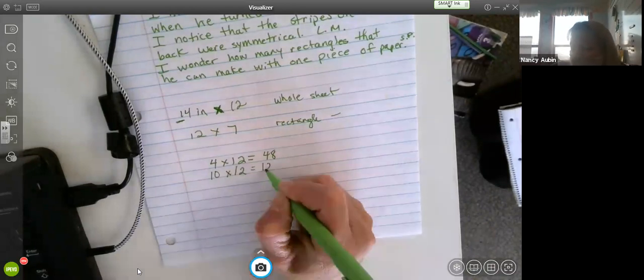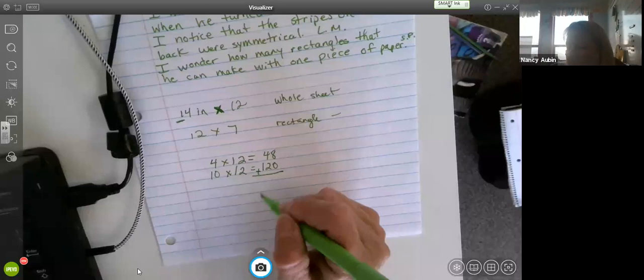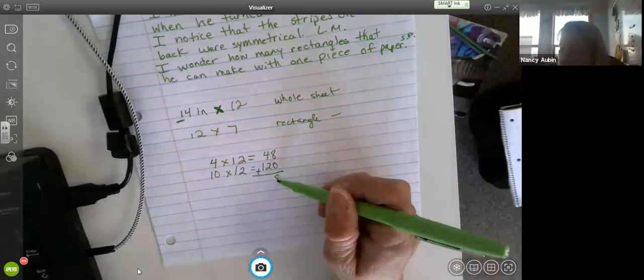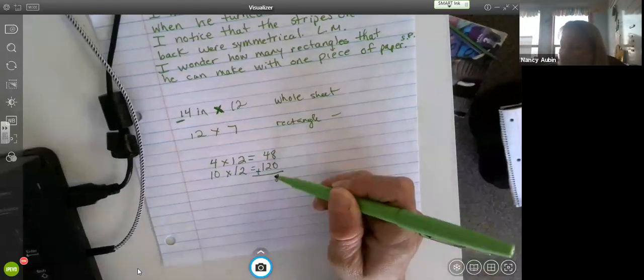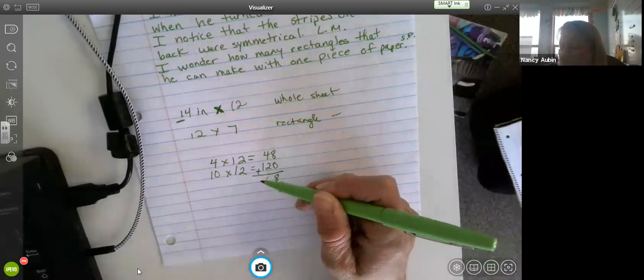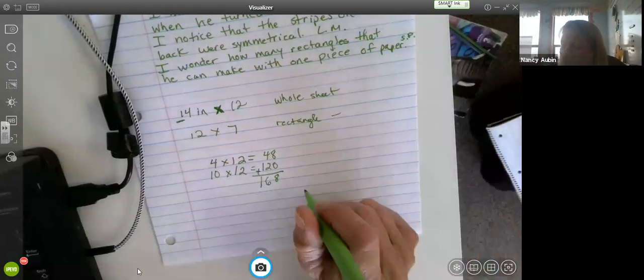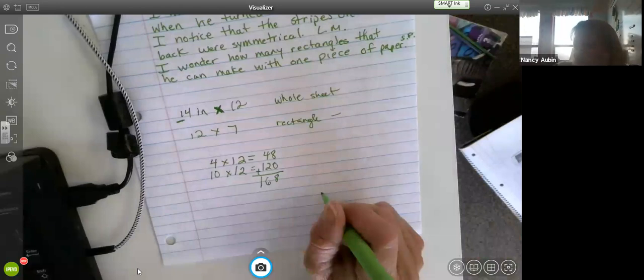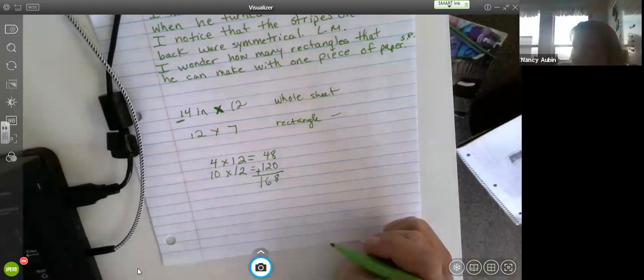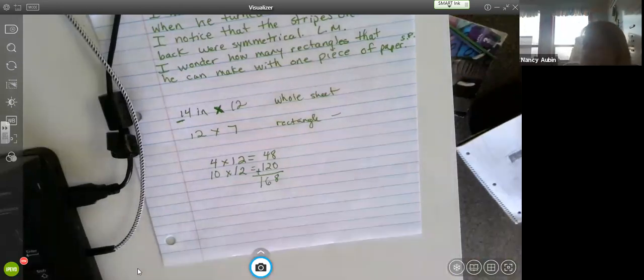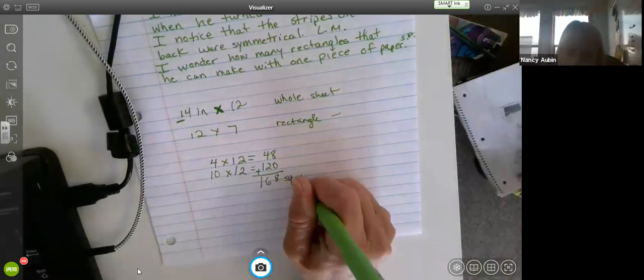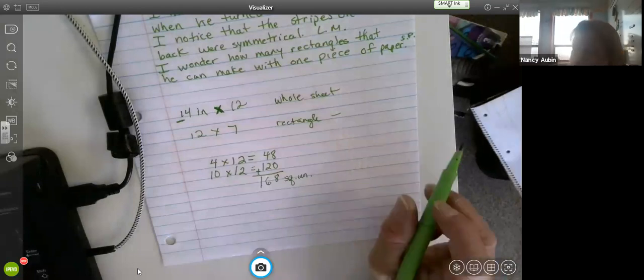And then how are you going to know what the total area is? Add them up. 8 plus 0 is 8, 4 plus 2 is 6, and 1 plus nothing. So you're telling me that the area of the whole sheet is 168. Does anyone agree? This is Josh's thinking. Okay, so square units, whether they're inches, I'm pretty sure they're inches, but we'll say units in case I'm wrong.